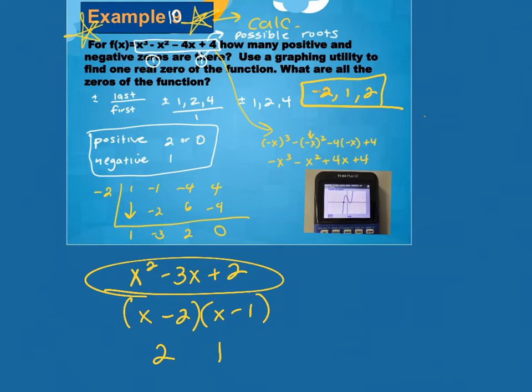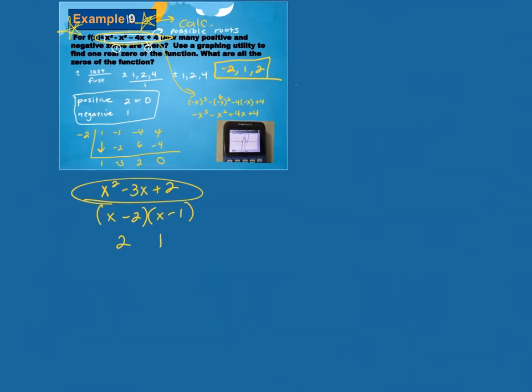Okay, so Gianna, the positive or the negative or both? When I look at my original function, which was x to the third minus x squared minus 4x plus 4, I want to count the sign changes. It has to go in decreasing degree order, which it is. It goes from positive x to the third to negative x squared to negative 4x plus 4.